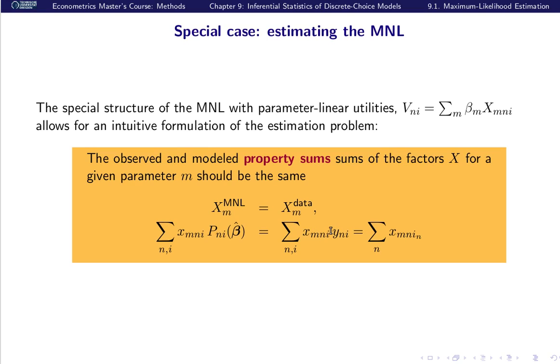That is just the realized sum of the properties, and here we can get rid of the inner sum, because by means of this unique and complete decision we have only exactly one decision which is taken, and this is just the alternative i_n for the decision n. And so for each parameter beta, these two property sums need just to be the same.